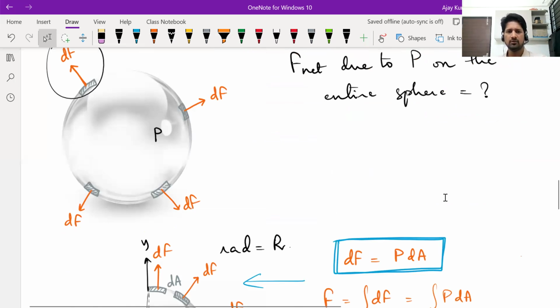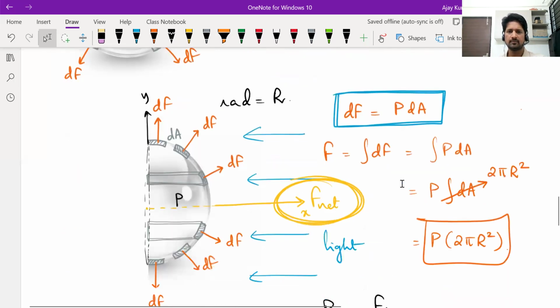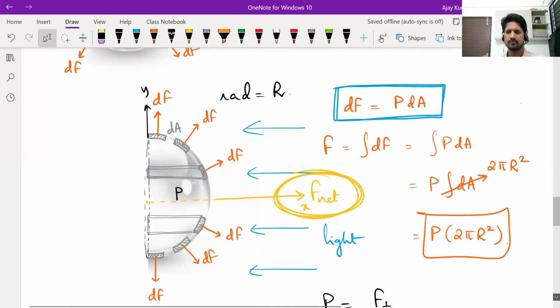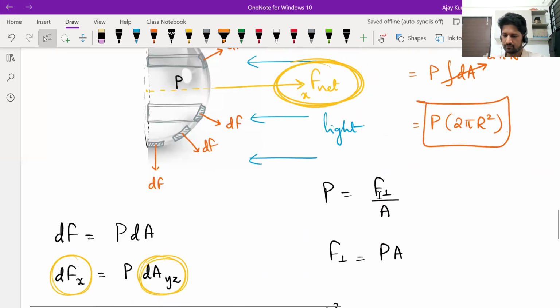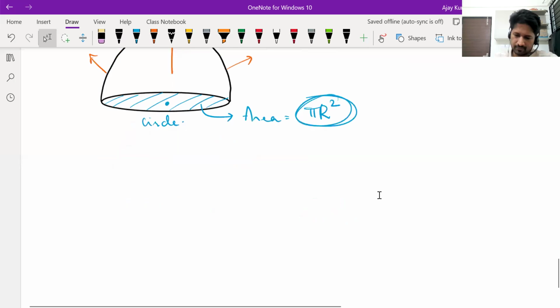So is this clear to all of you? Are you understanding how to calculate force due to pressure? Any doubts in this? Okay. Right.